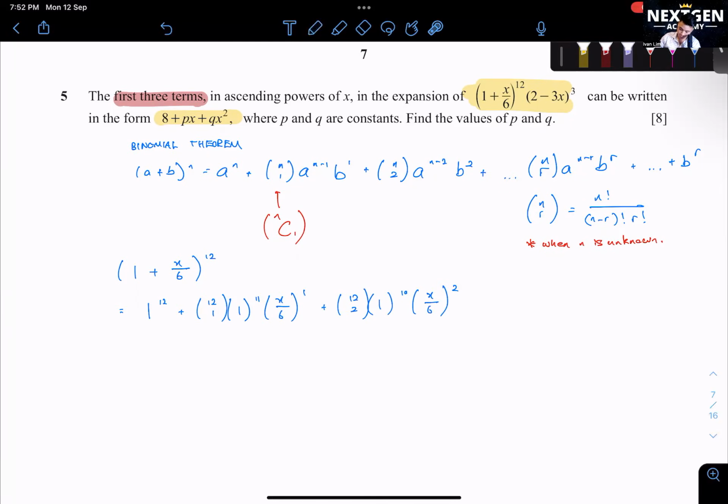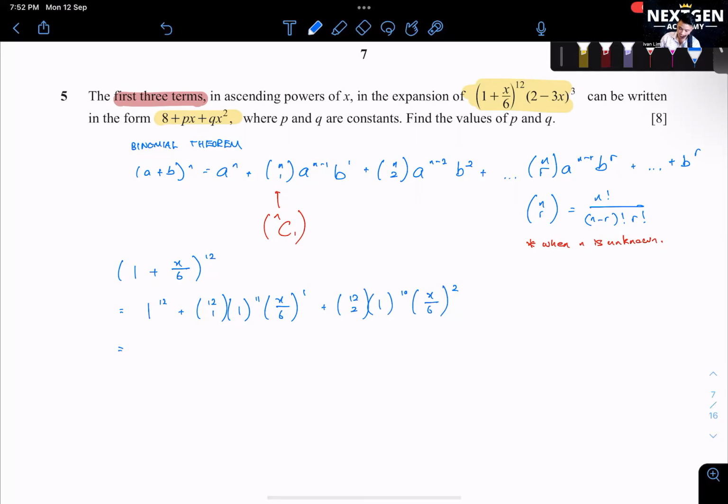You see the power behind, it will become 0 first, then 1, then 2, then 3, then 4. Whereas the first A value, your 12, then becomes 11, then 10, then 9, then 8. This is the pattern of it. We are just fitting into the formula above.